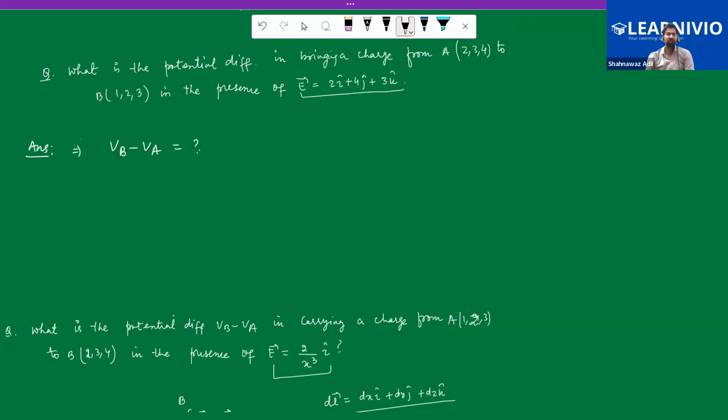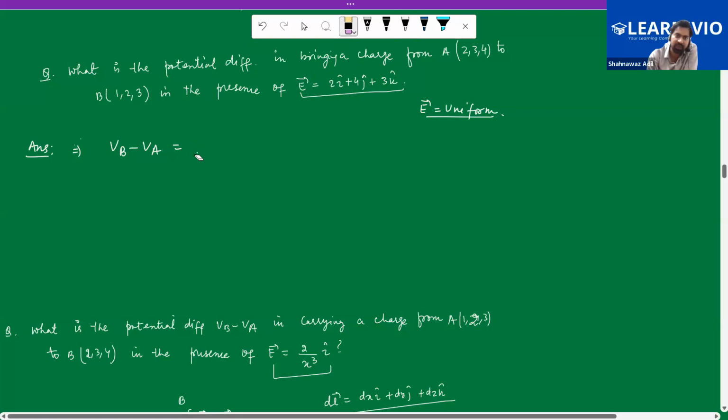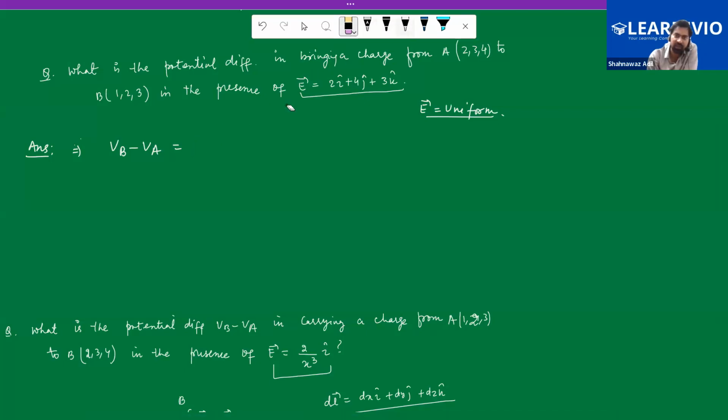This is a uniform electric field, right? E is uniform, so the potential difference is simply minus E dot (RB minus RA).